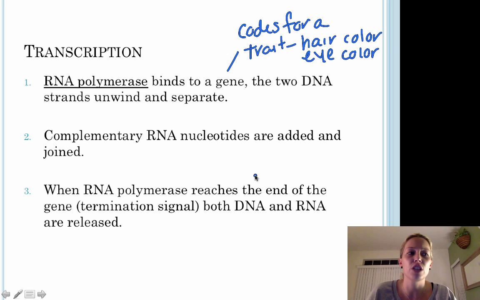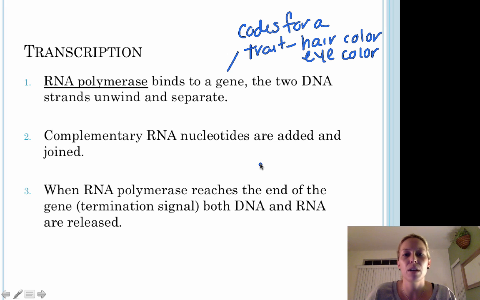It could be the gene for lactase, like your body wants to build the enzyme that breaks down lactose because you're drinking milk and you need to break that down. So again, a gene codes for a trait.